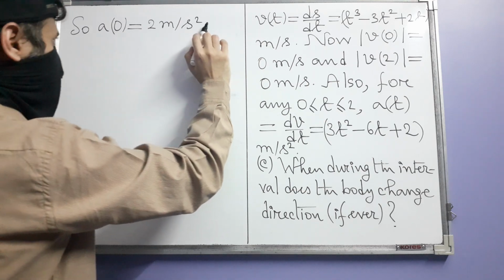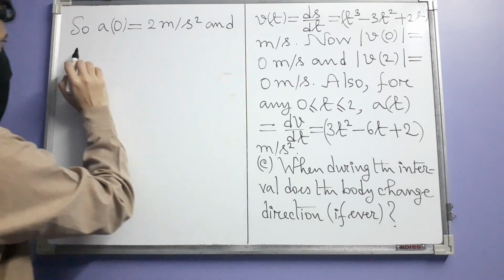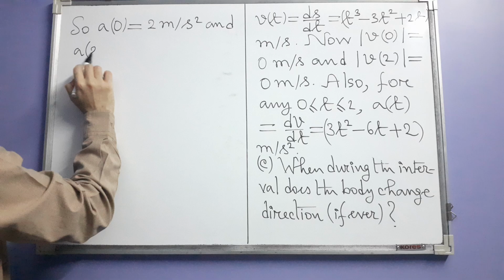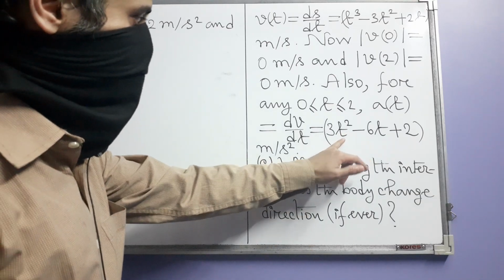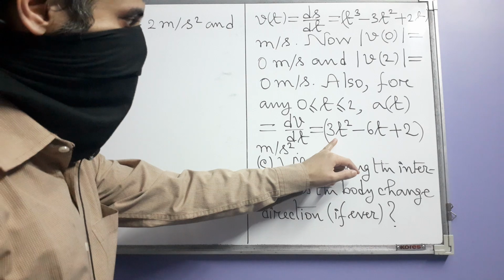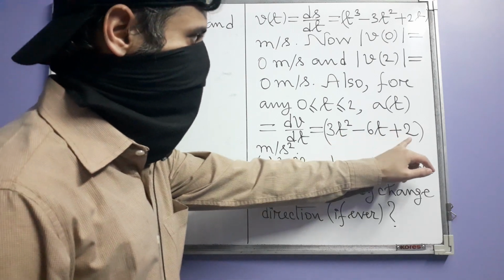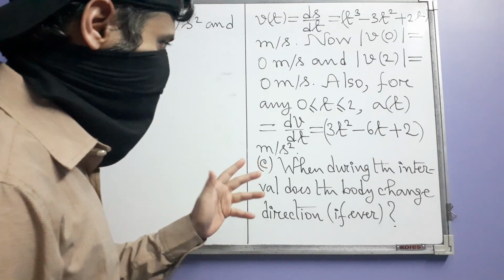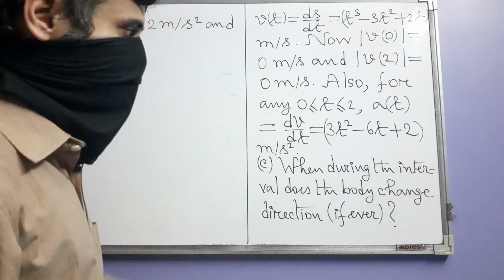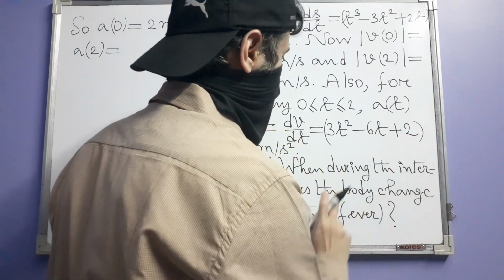And we also need the acceleration when time is 2. 2 squared is 4, 4 times 3 is 12. 12 plus 2, am I saying it correctly? Now hold on, let's forget about that 2.